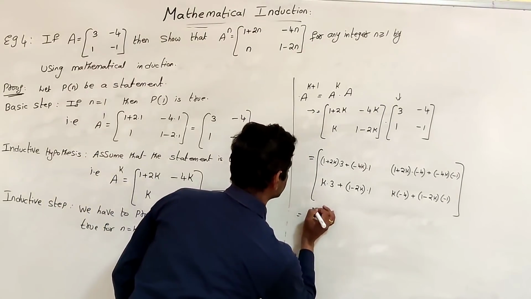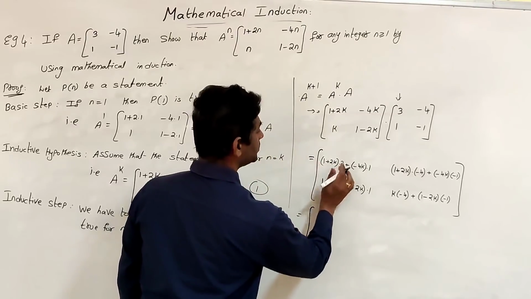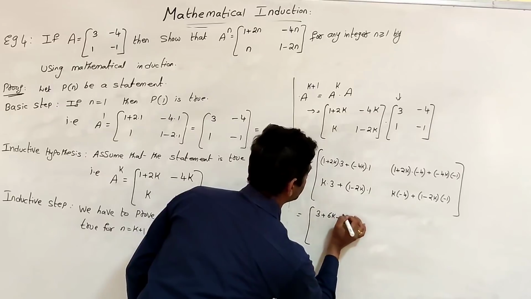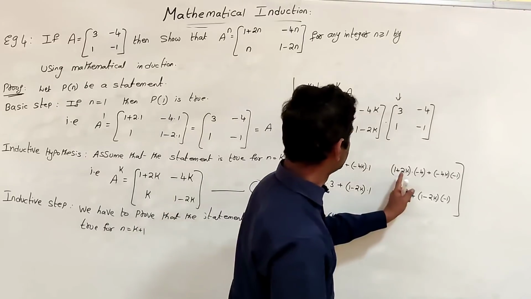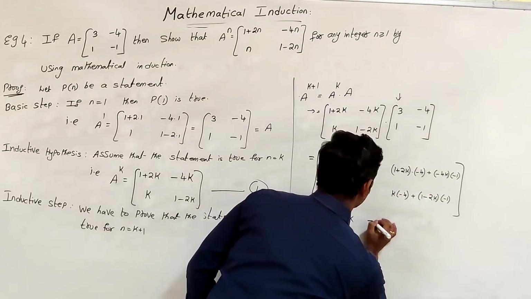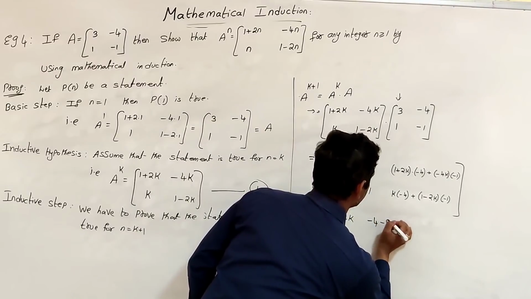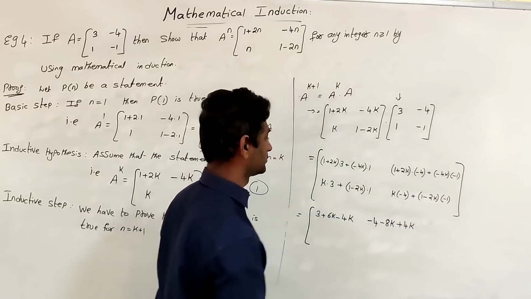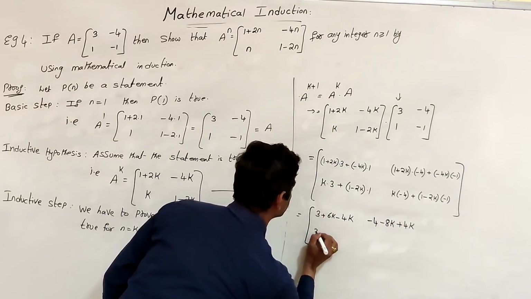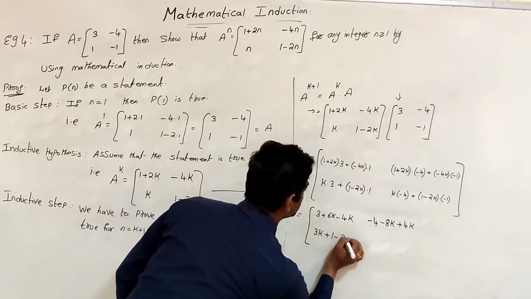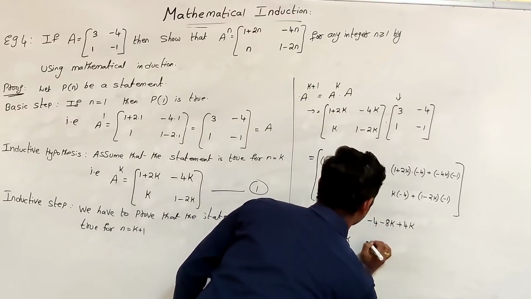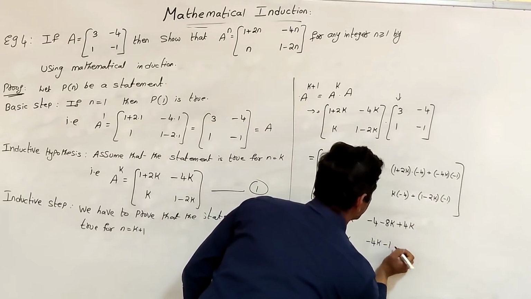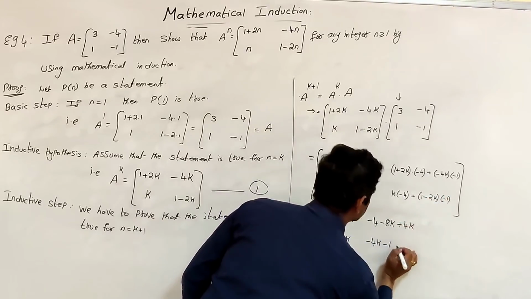Now we will simplify. 1 into 3, 3 plus 2k into 3, 6k, minus 4k. Next, 1 into minus 4, minus 4, minus 8k, plus 4k. Minus into minus becomes plus. Next, 3k plus 1 minus 2k, and this is minus 4k. 1 plus 1 into minus 1, minus 1, plus minus into minus becomes plus 2k.